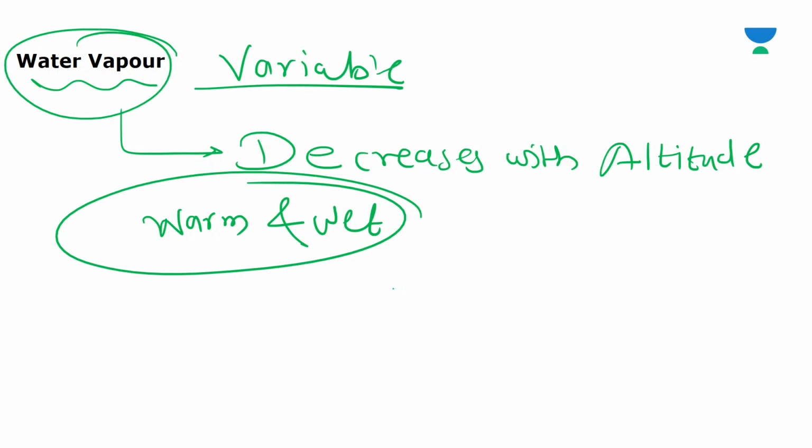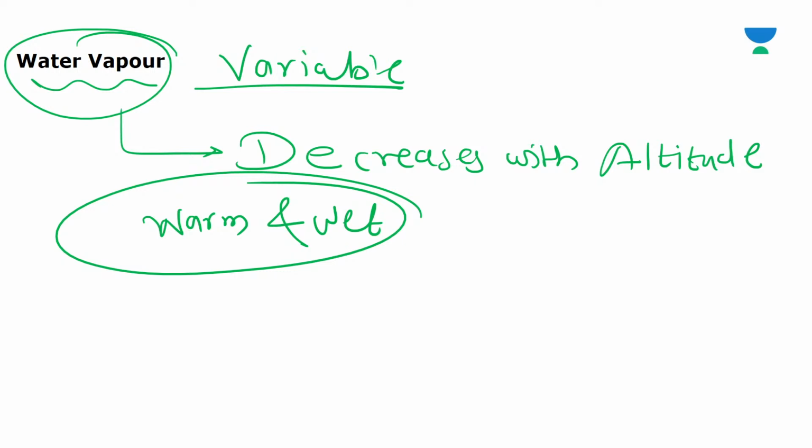The water vapor also decreases from the equator towards the poles, and it also absorbs parts of the insolation from the sun and preserves the earth's radiated heat.